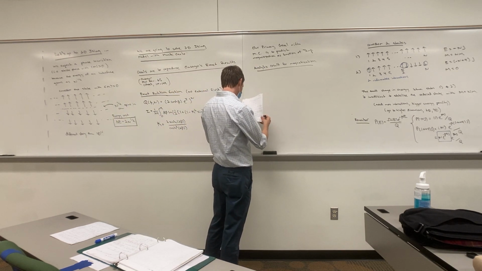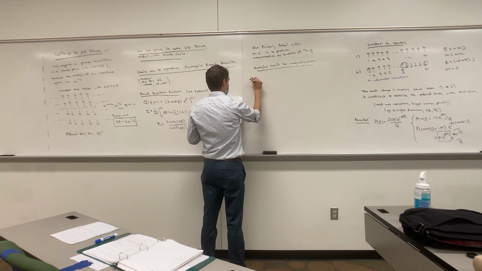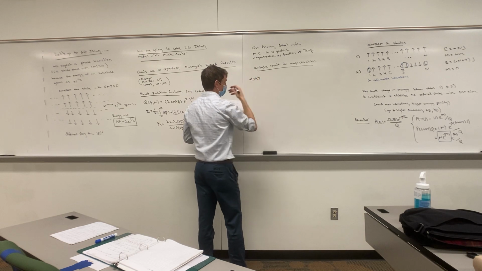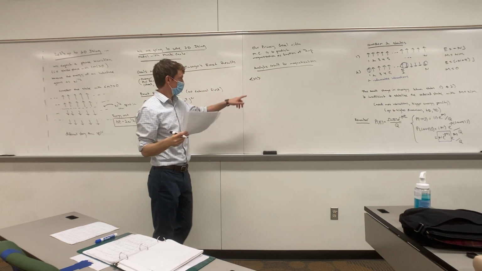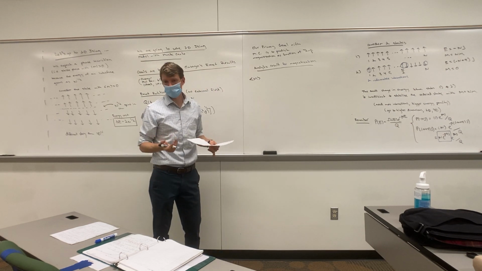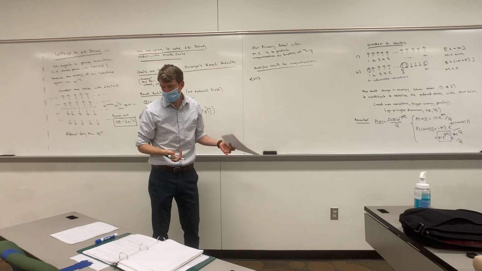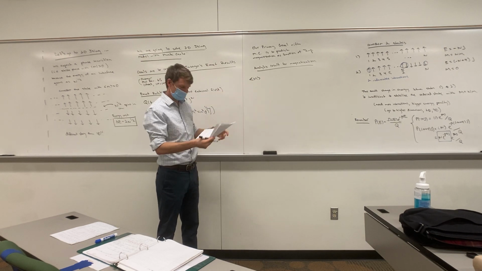So let me carefully write it down. It's this. So the average magnetization of your Ising model, capital M is the magnetization of your Ising model. This means the average. We're going to normalize by the number of spins, right? Because if we have 20 by 20 spins, this is extensive. If we have 100 by 100 spins, I can't give an extensive number.